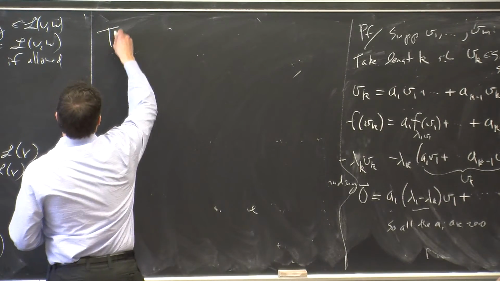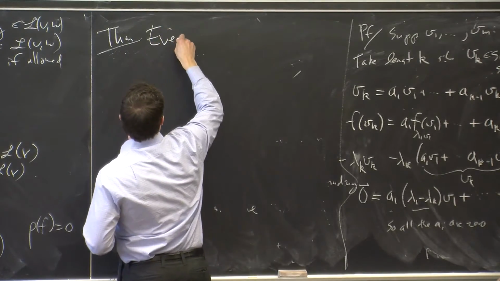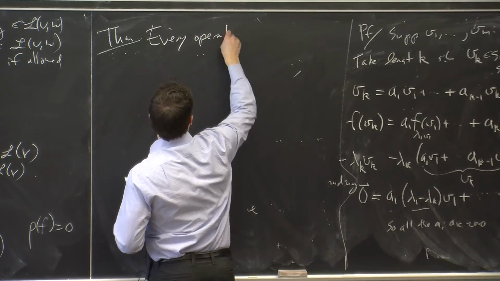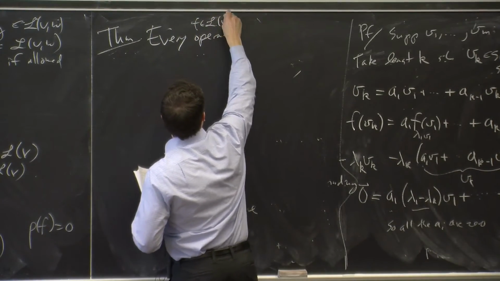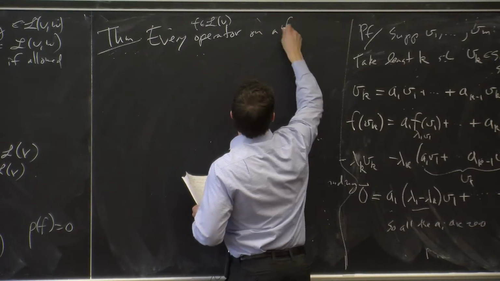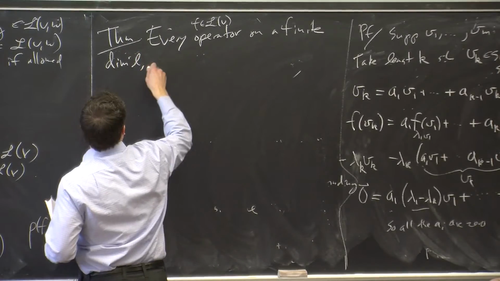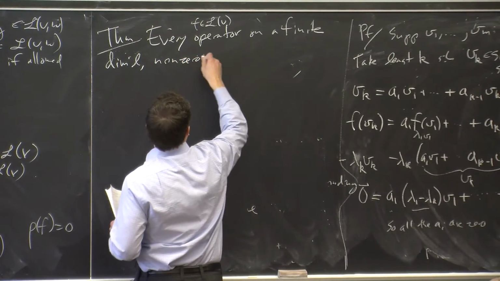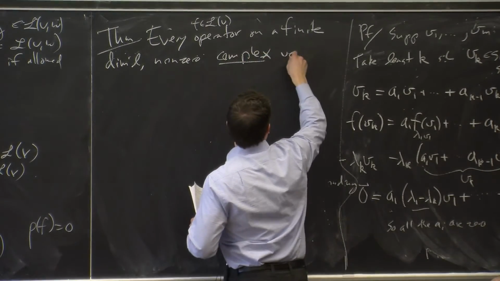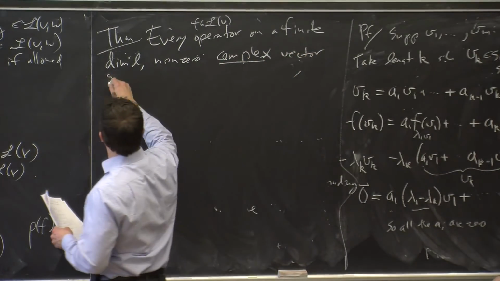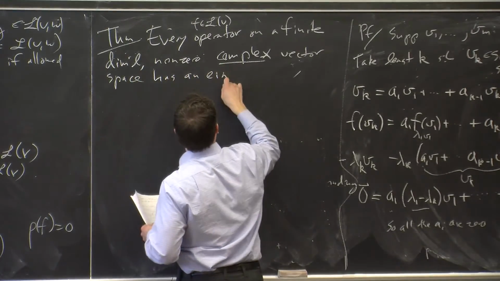First consequence of that point of view is the following theorem. Every operator, so that is f in L(V), on a finite dimensional, non-zero, complex, and the complex part is important, vector space has an eigenvalue.